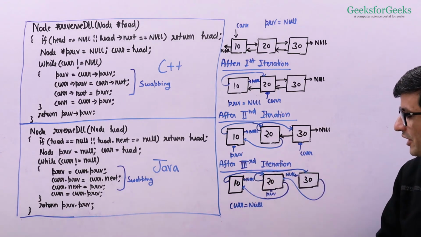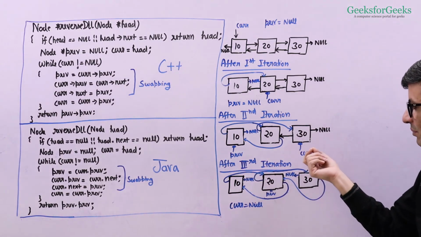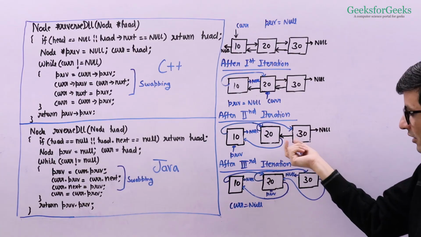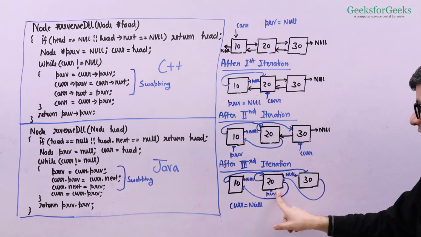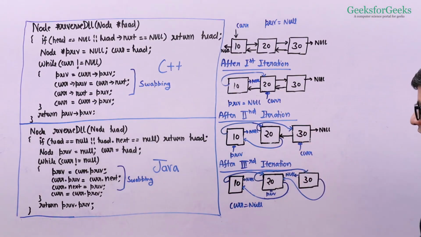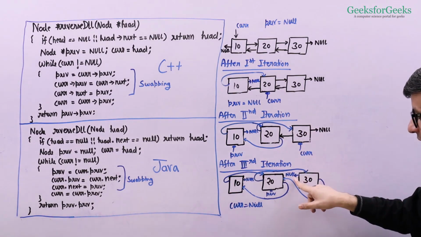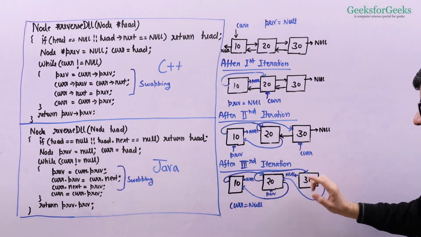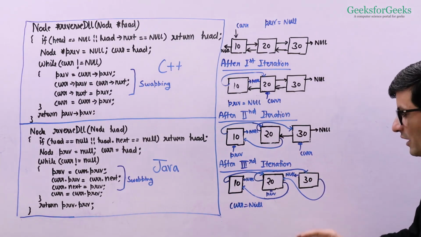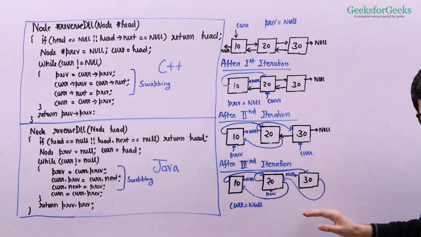Now we begin our third iteration, and in the third iteration we get previous by doing current dot previous, current arrow previous. So previous is here at 20 after the third iteration, and now we swap previous and next for this. So its previous becomes null and its next becomes 20, and you can notice that all of your doubly linked list nodes are swapped, right? Corrected, right?